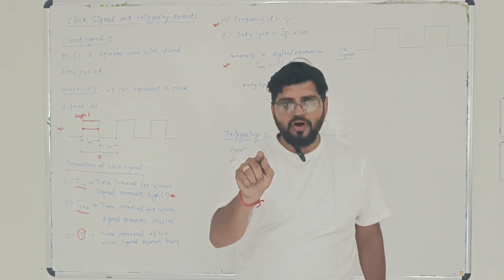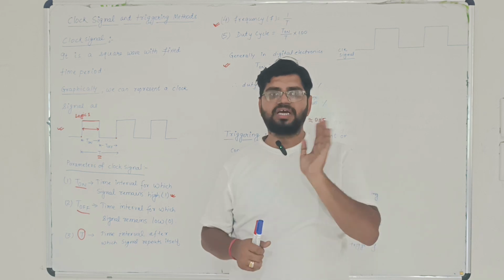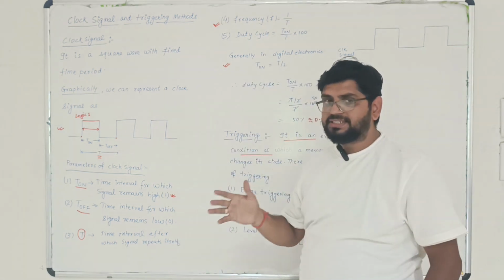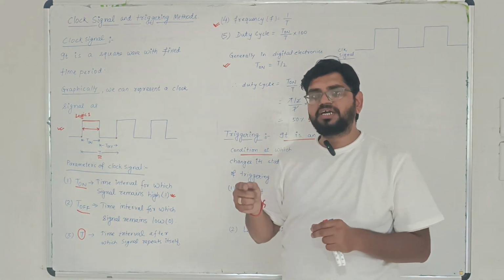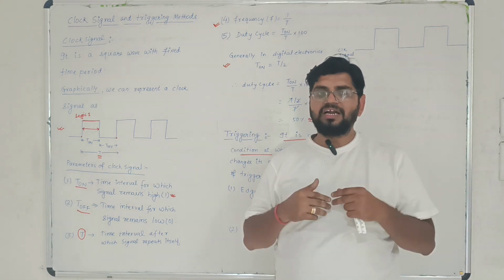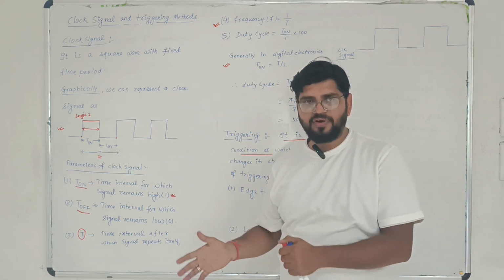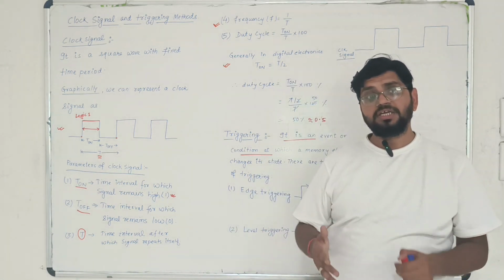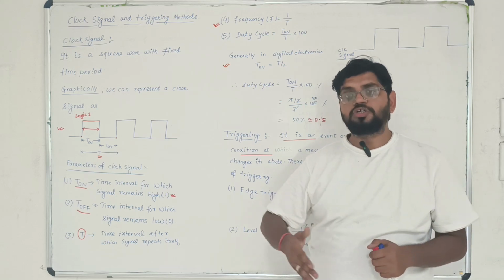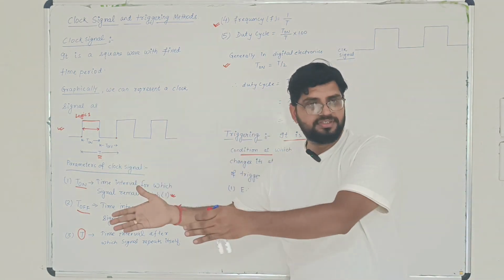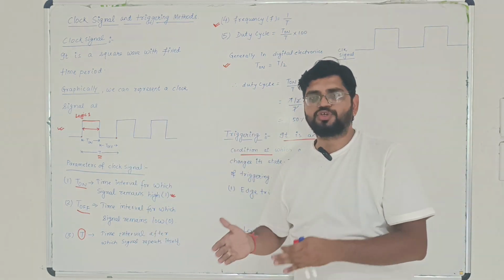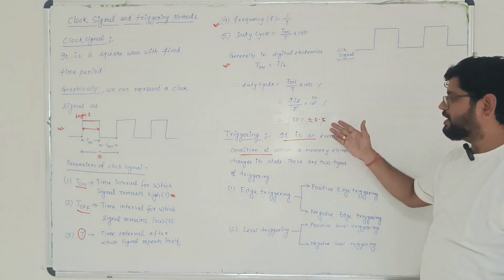If you press it off, your light goes off and we find no output. We are externally providing some force. That force is called triggering in digital electronics. Externally, we are doing something in order to change the state of the memory element. That is called triggering.